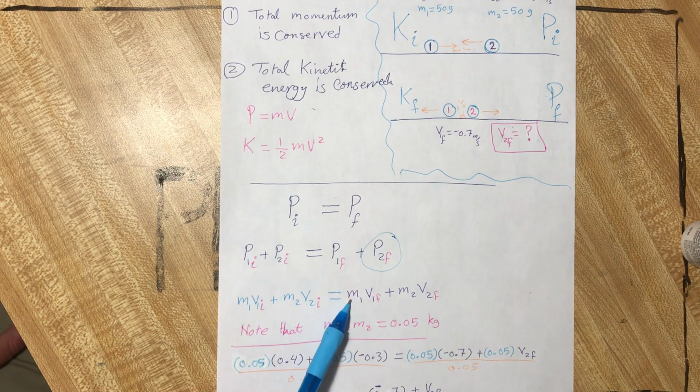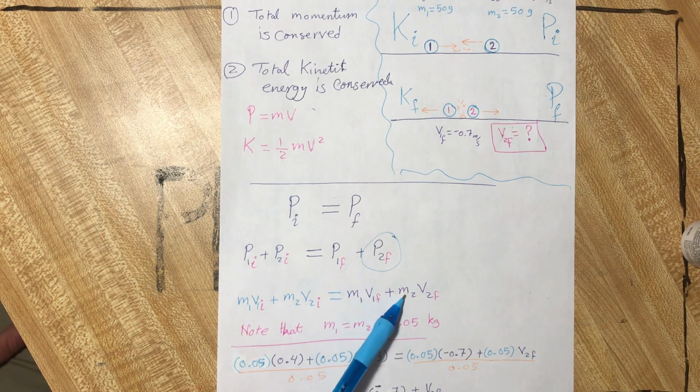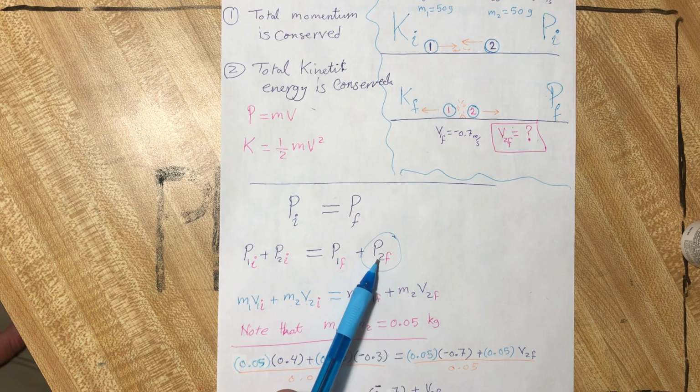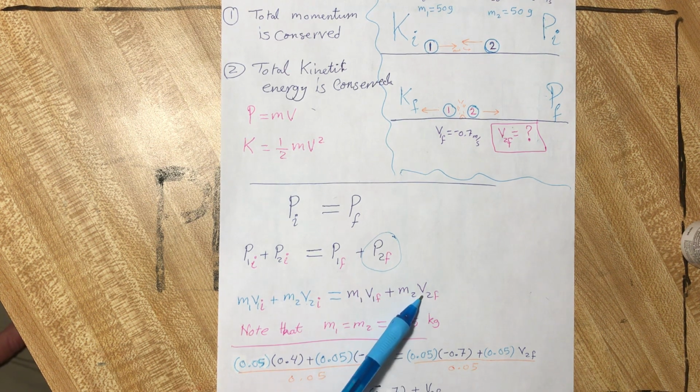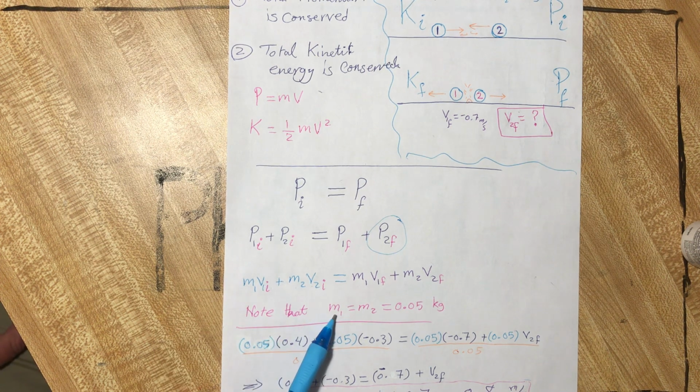P1 for the first mass M1 finally means the final velocity for this mass, plus P2 finally. For mass 2, I need the velocity also for the second mass, but finally we don't know this velocity. We need to find it. Note that the masses M1 and M2 are the same.